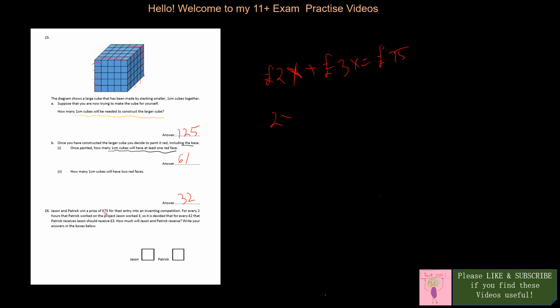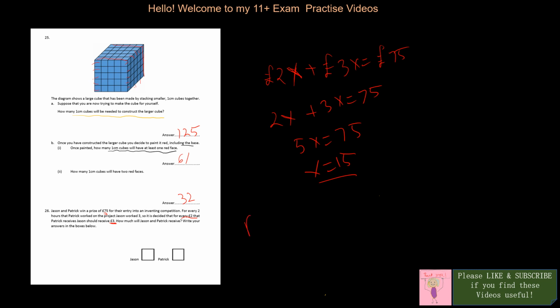So what I'm doing is 2x plus 3x is 75. Okay, x is the something that you would add it to. So it's for every £2 he gets £3. Okay, so 5x is 75, x is 15.